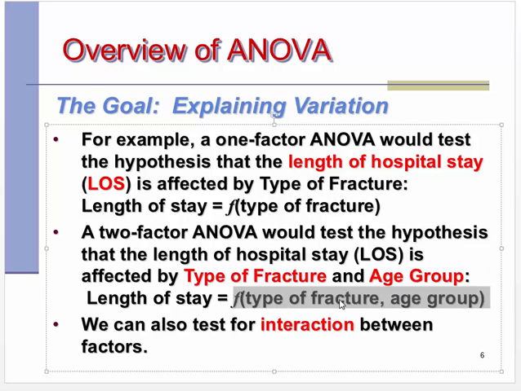One is the type of fracture, and the other is age group. And also we can test for interaction between the two factors. Maybe elderly people suffering from a hip fracture require a longer stay than a young person suffering from, let's say, an arm or leg fracture.